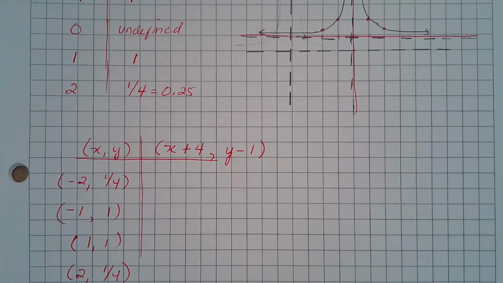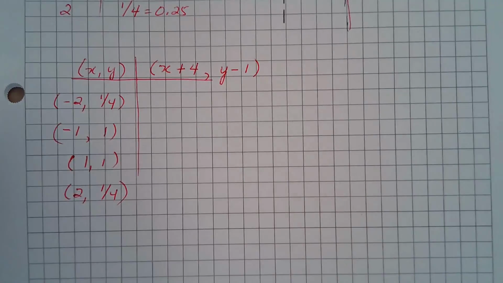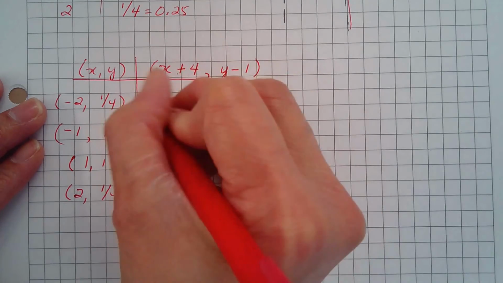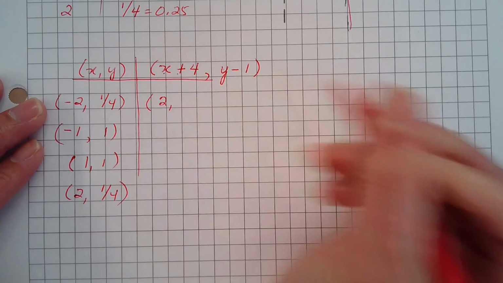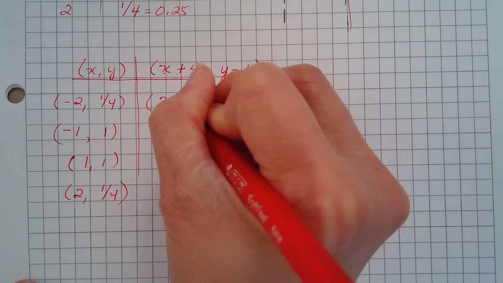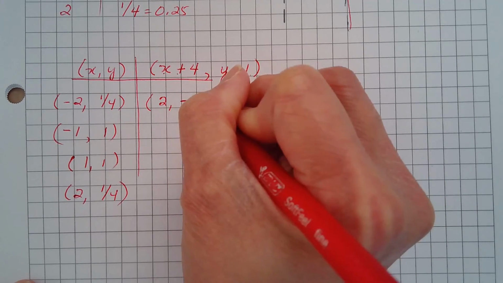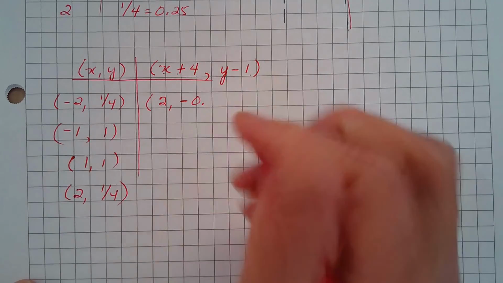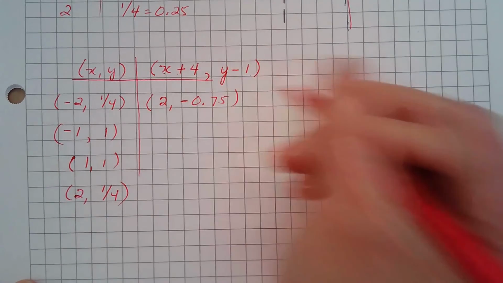So what's our image? X plus 4 gives us 2, and the y would be, since this is 0.25, negative 0.75.